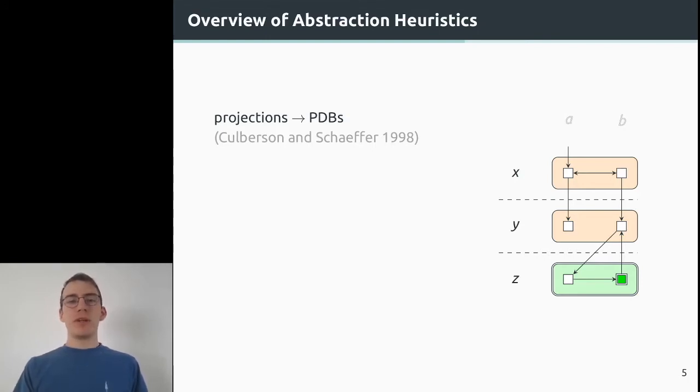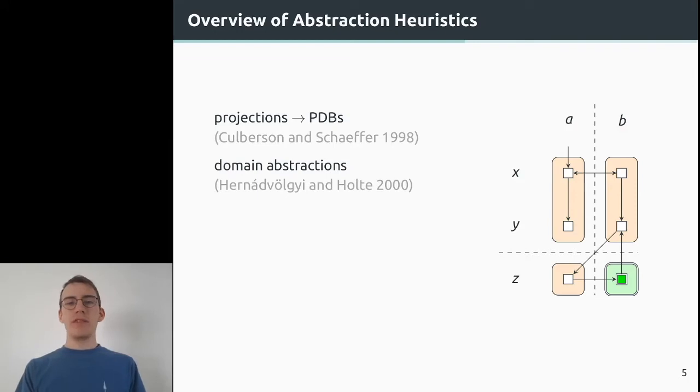So what these do is simply ignoring some of the variables, or in other words, putting all states together that agree on a subset of the variables. Domain abstractions are a bit more general because they allow for each variable to decide which values I would like to distinguish.